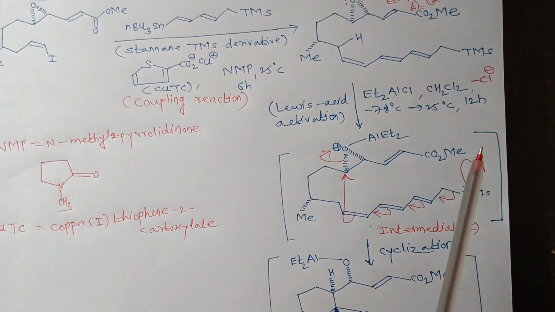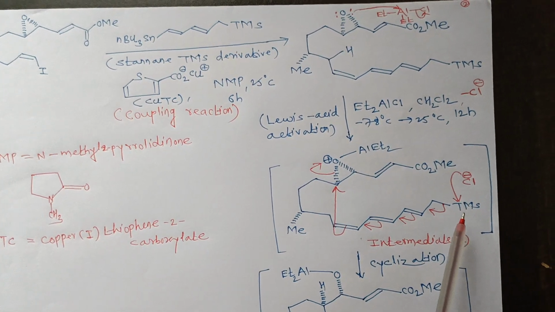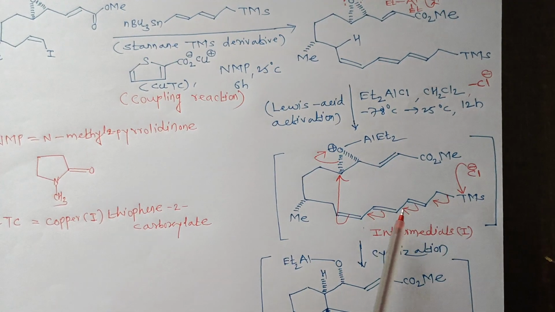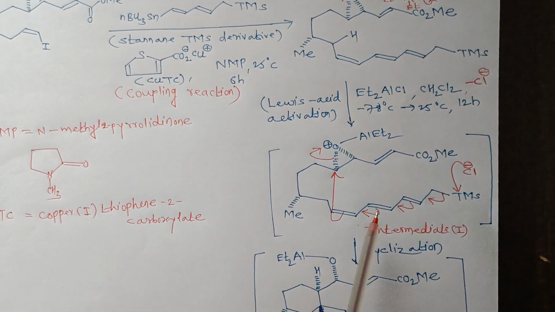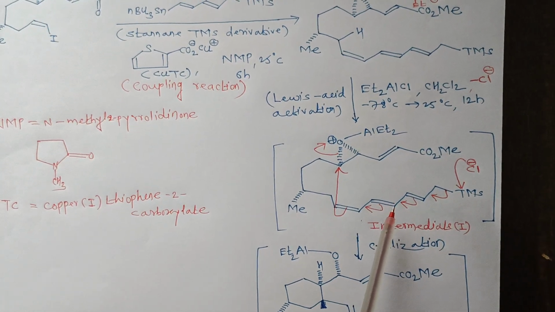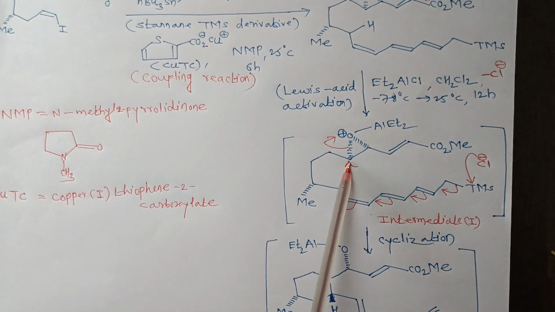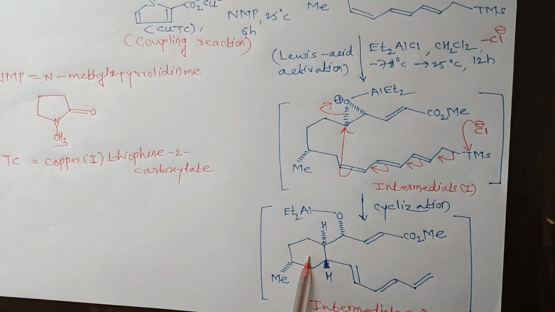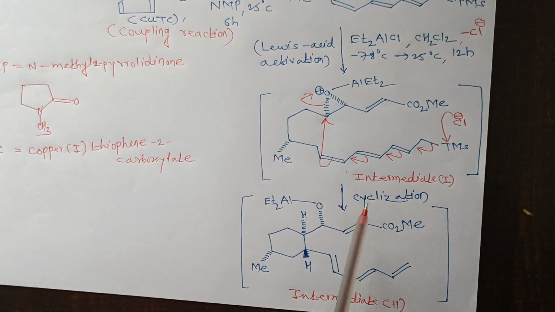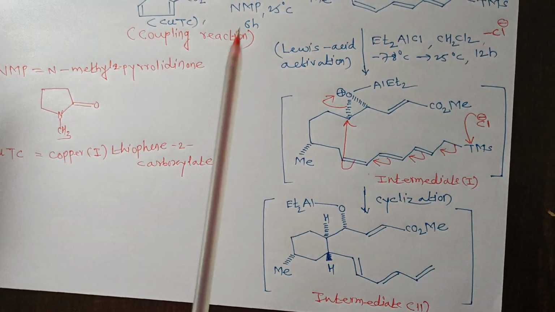In the next step, that Cl minus reacts on TMS, and there is displacement of the bond, and subsequently there is intramolecular epoxide ring opening, and cyclization also takes place. So this carbon will form a bond with this carbon, and there is formation of a 6-membered ring. So this is an intramolecular ring opening reaction as well as a cyclization reaction. We have this type of intermediate second.